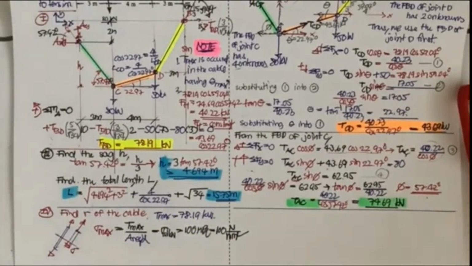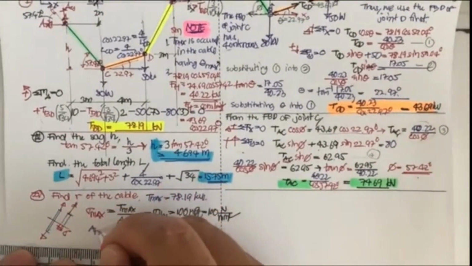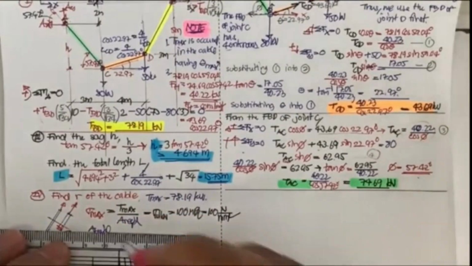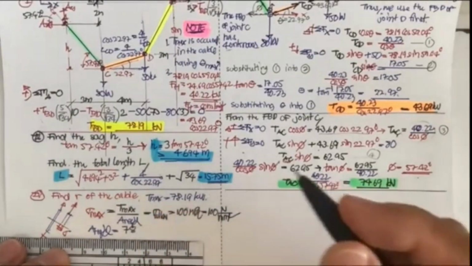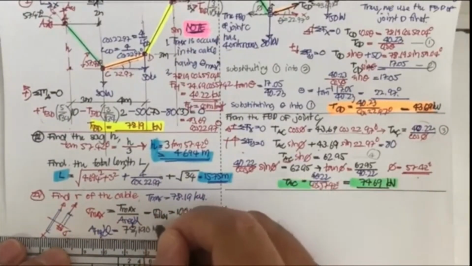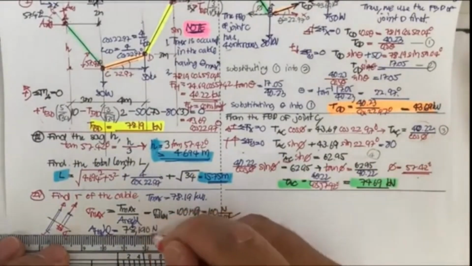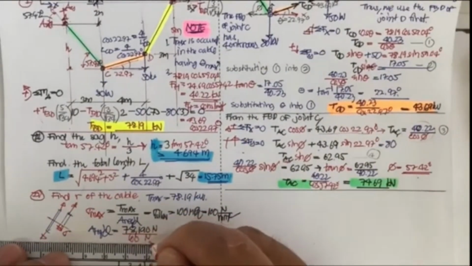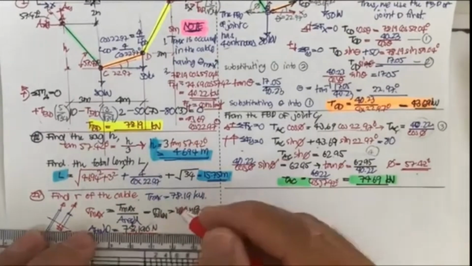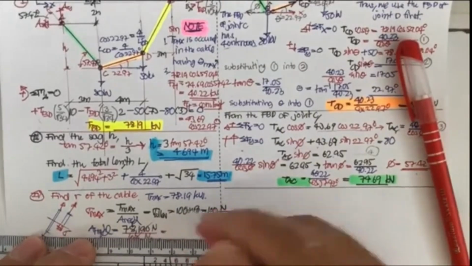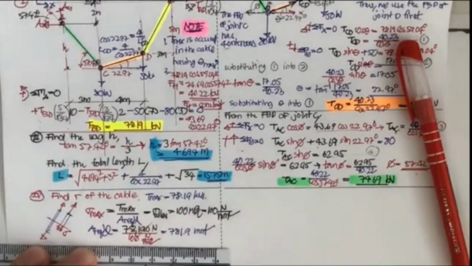Now we use the equation. The A required, the thing that we are looking for, is going to be equal to Tmax, which here is 78,190 Newton, divided by the allowable stress of 100 Newton per square millimeter. You may get this equal to 781.9 square millimeter.